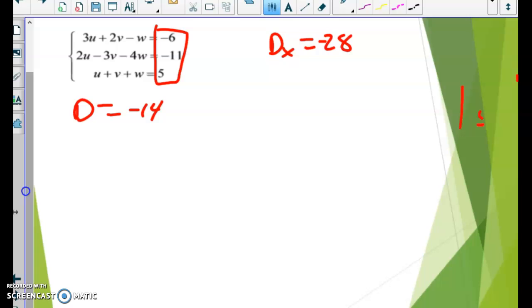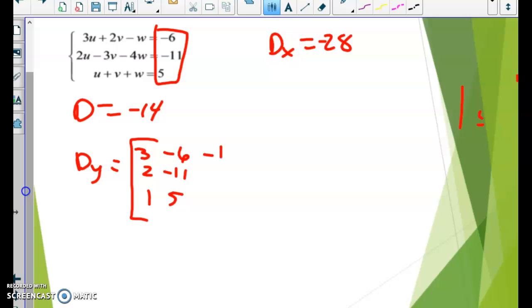So now I have room to find my D of Y, which is the replacement of the middle row with the answers. So 3, 2, 1, negative 6, negative 11, 5, negative 1, negative 4, 1.